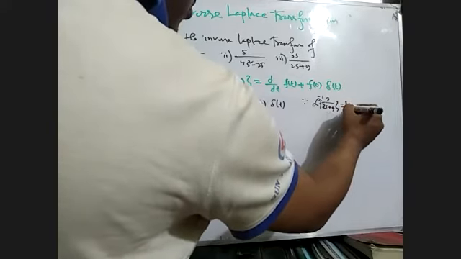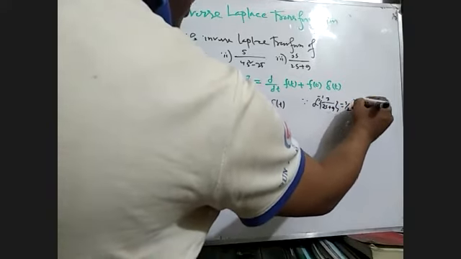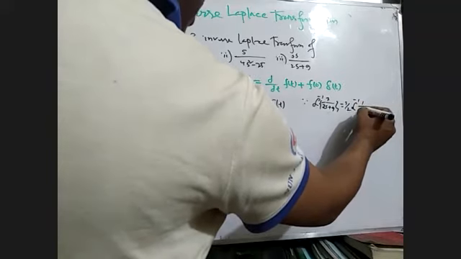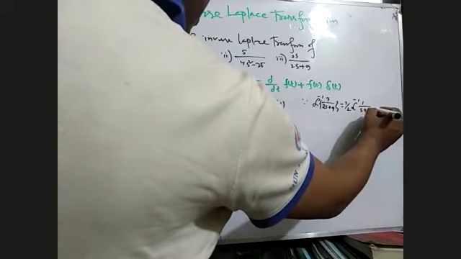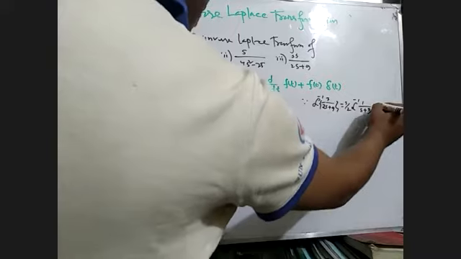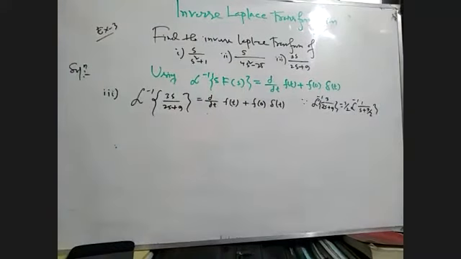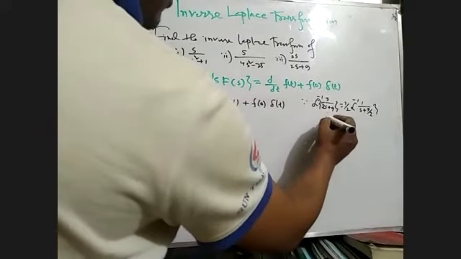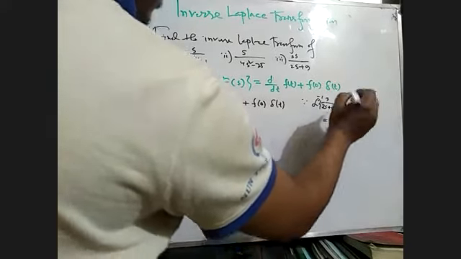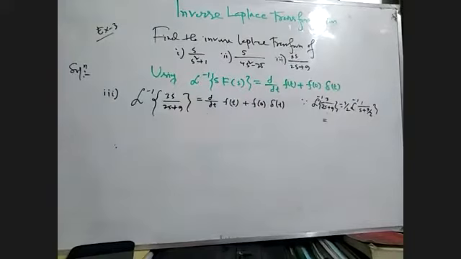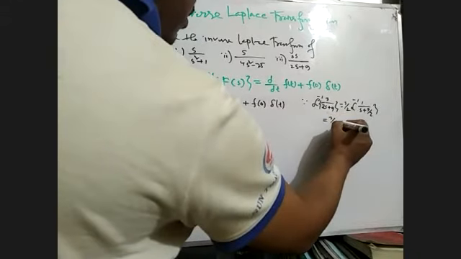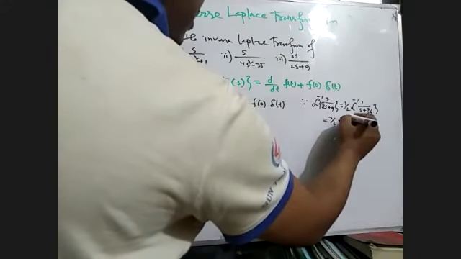So we get 3 by 2 here, inverse Laplace transformation 1 divided by s plus 9 by 2. You must know this is the formula of e to the power minus at formula, e to the power minus 9 by 2 t.